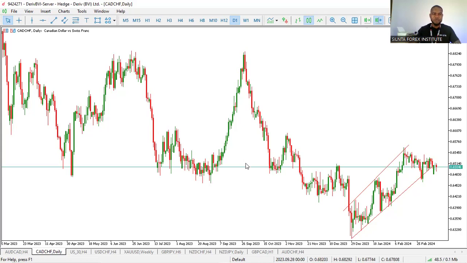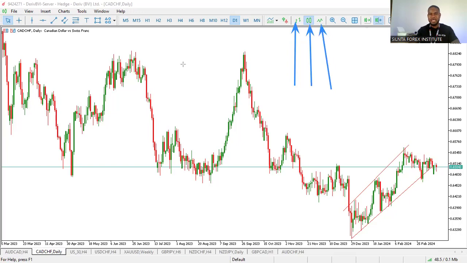So if you come on your MT5 up here in this section, you are going to see these three types of options that you can display your price. The first one that we have is the bar chart. This is the shortcut or the button for the bar chart. And then we have the candlestick option, and then we have the line chart option.